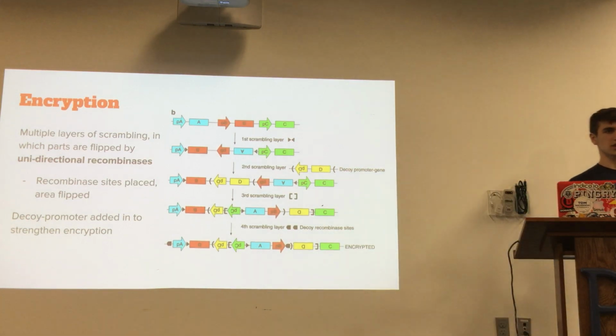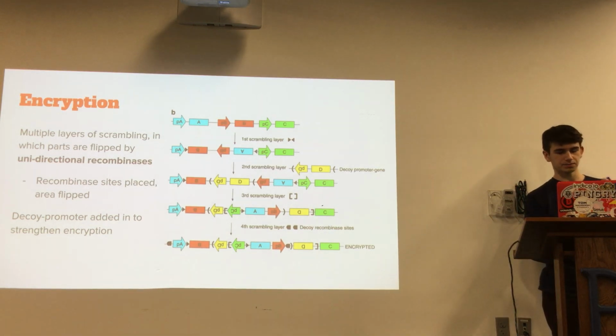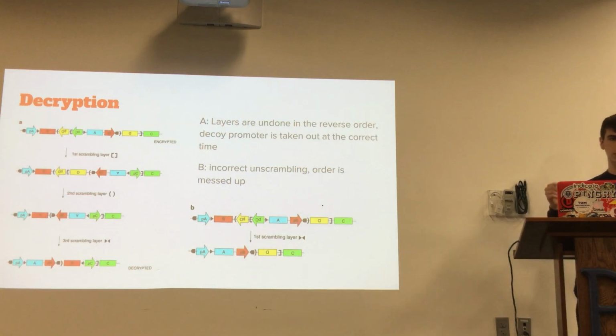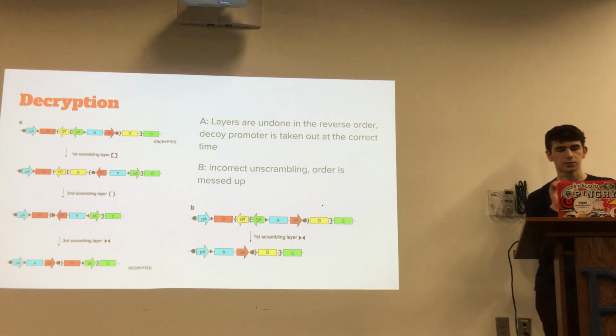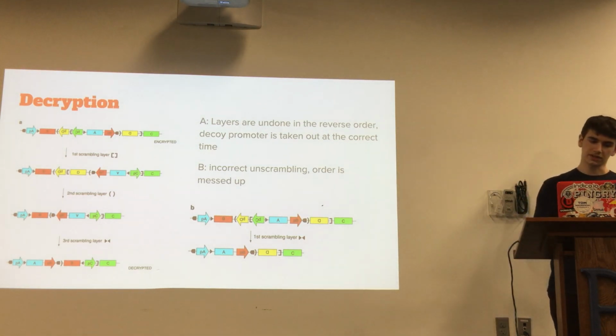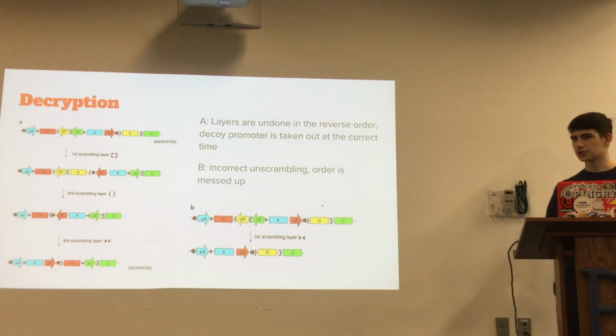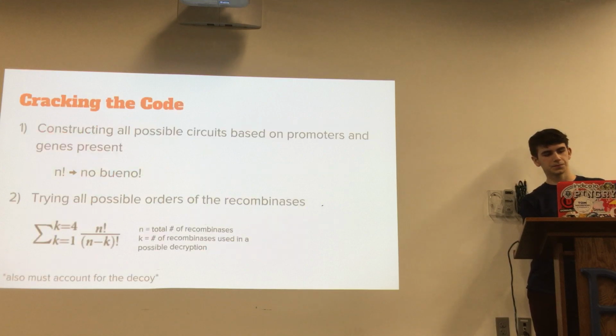It makes this a much stronger encryption. And for decryption you essentially have to go backwards, scramble it the other way, and you have to take out the promoter at the correct point, or else you will get an incorrect scrambling. So A shows a correct decryption, B shows an incorrect decryption.